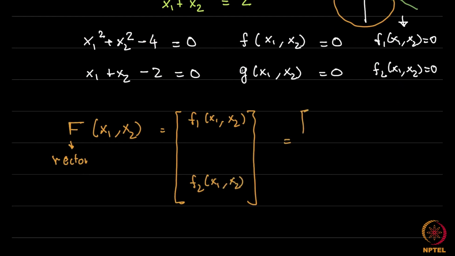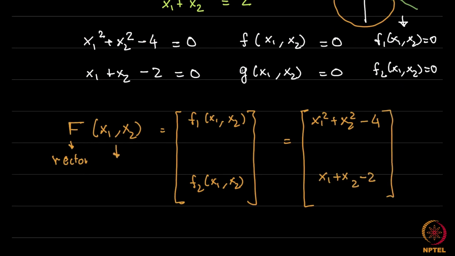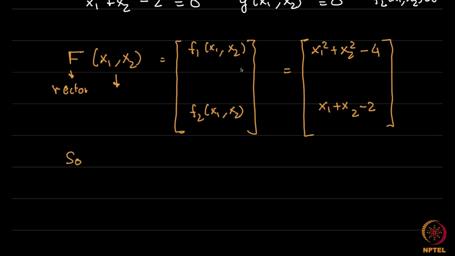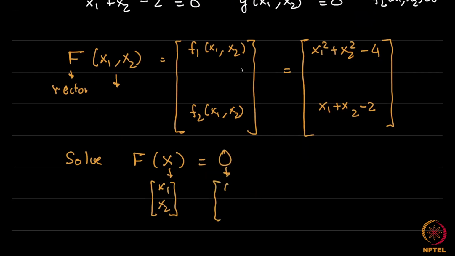Which is, of course, in this case, x1 square plus x2 square minus 4 and x1 plus x2 minus 2. We want to solve F for some X, where capital X is again x1, x2, equal to 0, and this 0 in turn is actually 0, 0. So this is now the nonlinear system.